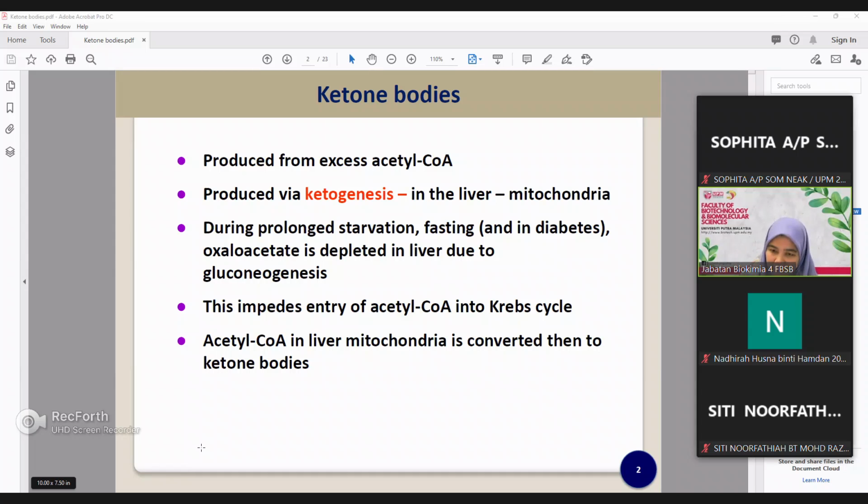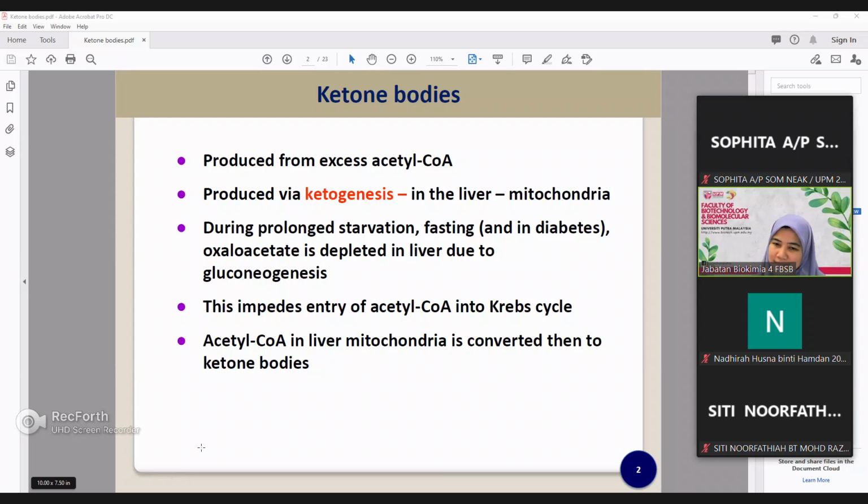But in the excess of acetyl-CoA from fatty acid oxidation, it has another fate: it can undergo the ketogenesis mechanism, which only occurs in certain conditions. We are going to discuss that later.